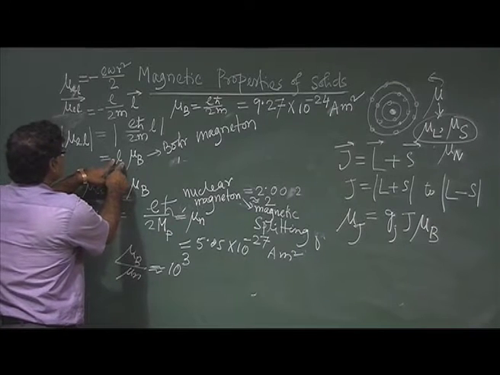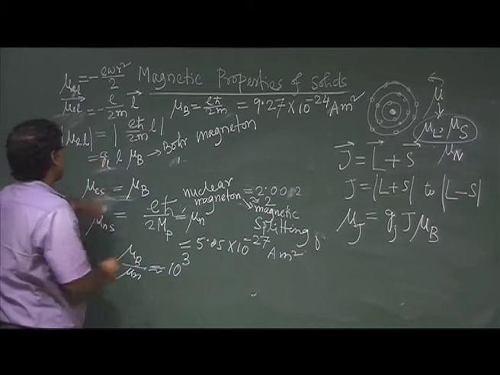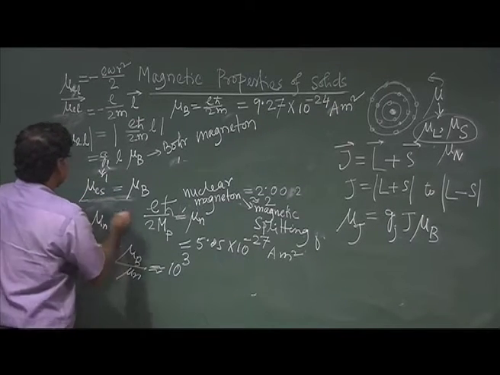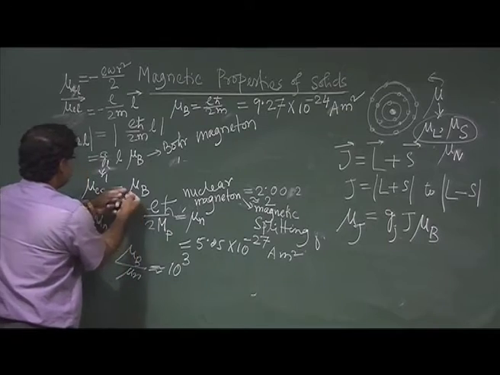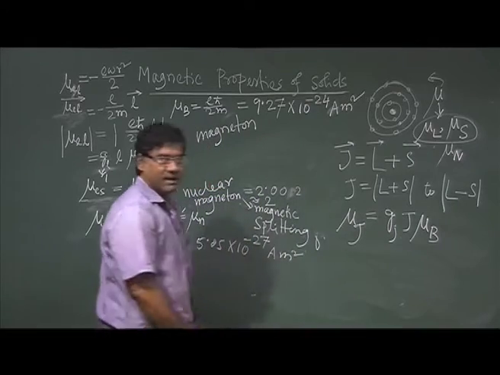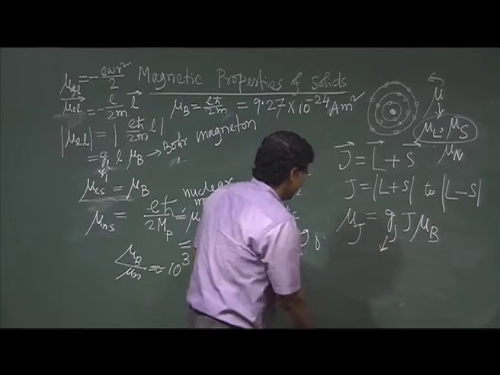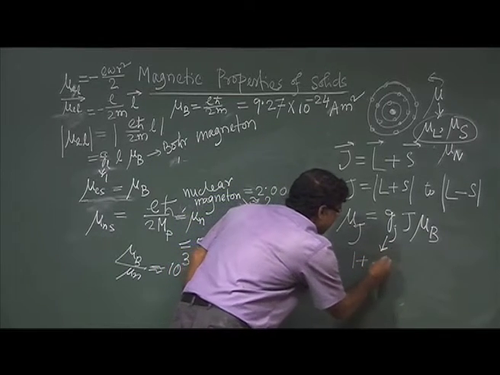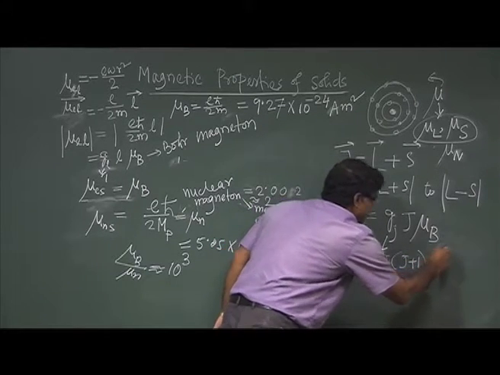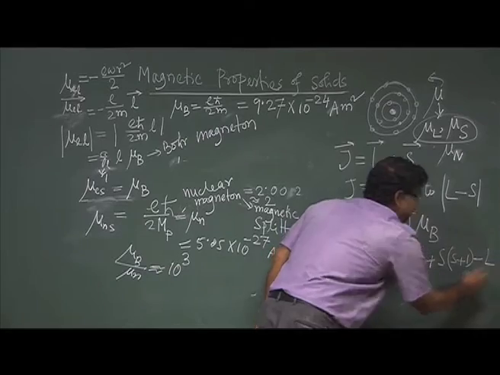Here this factor is not there. Sometimes we write g_L, and g_L is basically 1. In the case of μ_S, you write g_S, and that value is 2. Similarly, the g_J value one can find out. g_J is basically 1 plus [J(J+1) + S(S+1) − L(L+1)] divided by 2J(J+1).